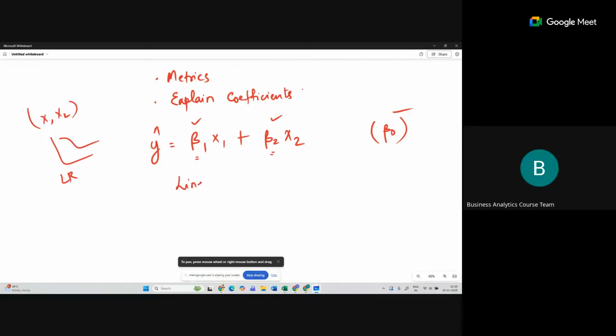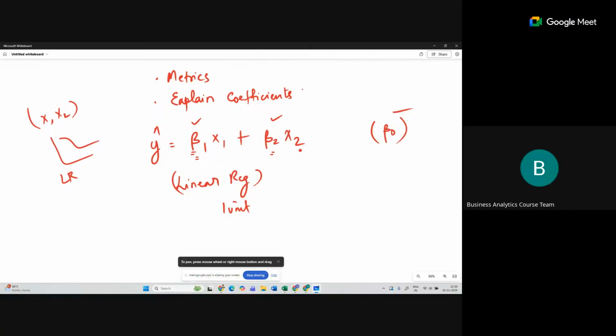So let's talk about linear regression. If you increase your x1 by 1 unit, your y hat will increase by beta 1, assuming x2 to be constant. Similarly, to explain beta 2, you can say that for a unit increase in x2, your target variable will increase by beta 2, assuming x1 to be constant.